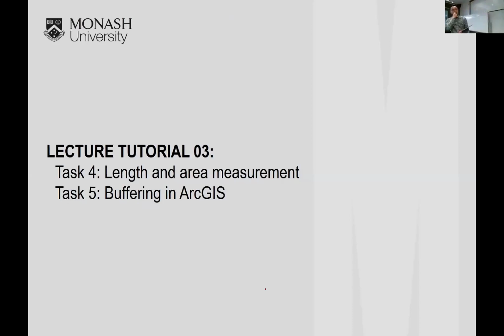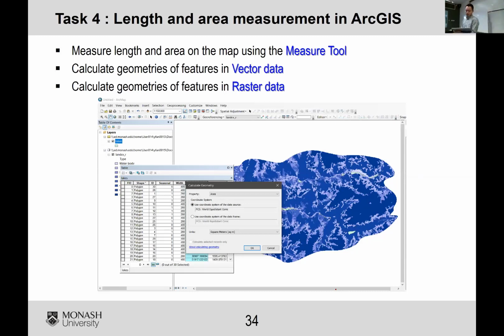All right, so that's a very short lecture section about the length and area measurement and the buffering of GIS. So now you will have a few tasks to practice how we create the geometric measurement and how to create a buffer along different feature data.